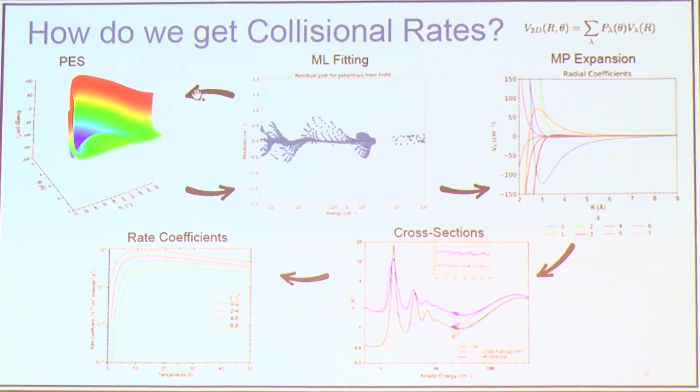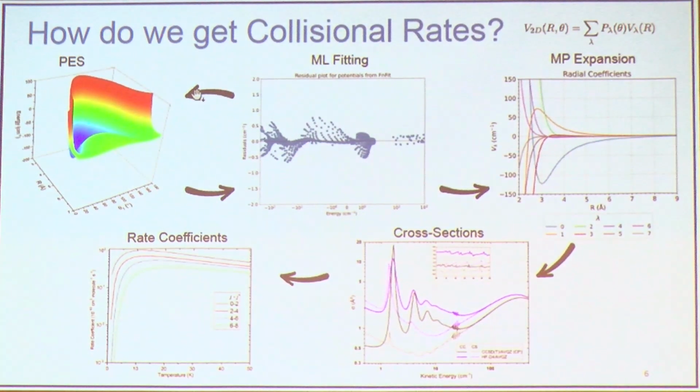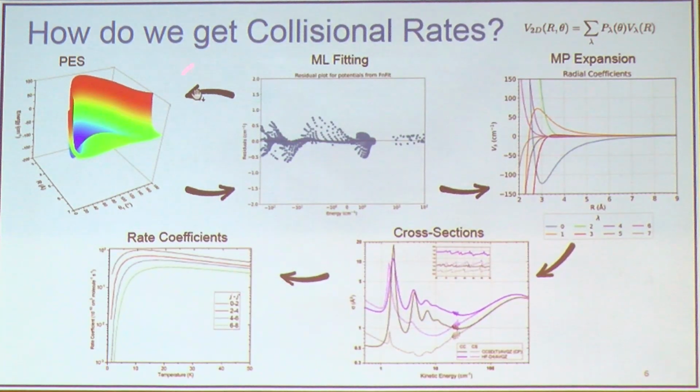What we generally do is theoretically compute the potential surface by ab initio method. Then we fit it. If it is with helium, it's easier to get the surface and fit it. Whereas for hydrogen, the dimension is very high, so we have to use a machine learning technique to get the surface. Once we have the reliable surface, we compute the multipolar expansion coefficients.